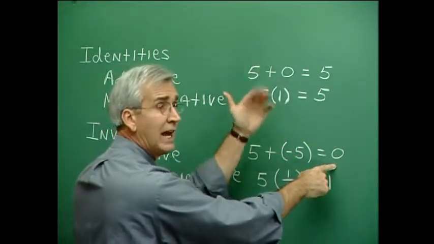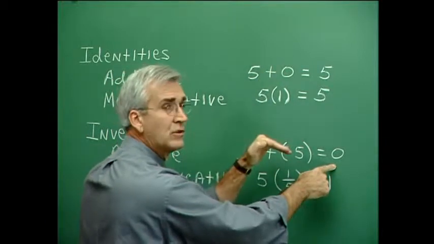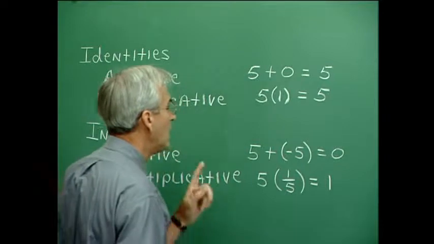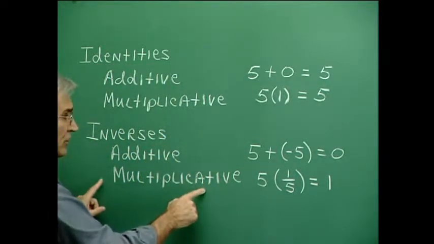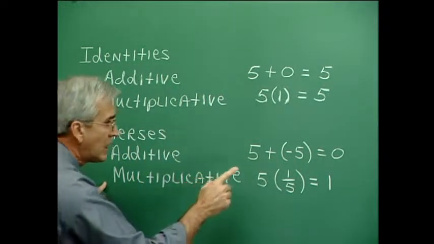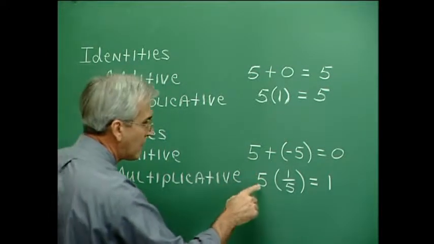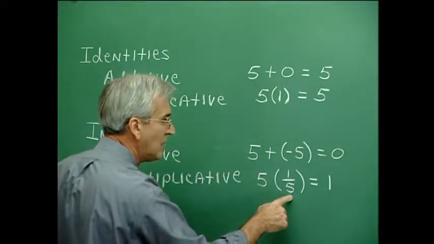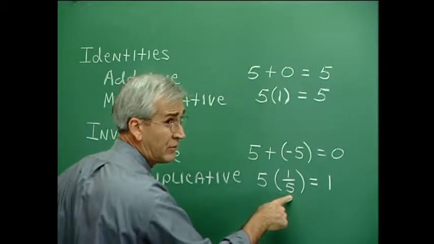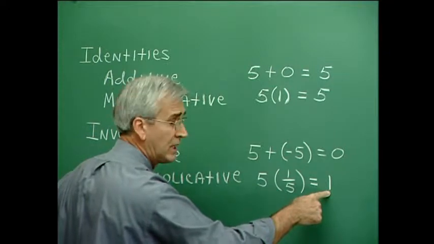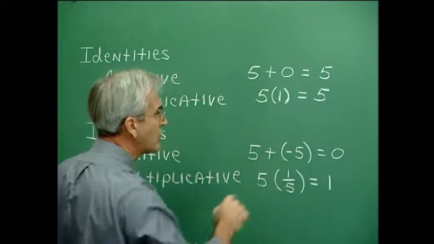We're going to use that kind of backwards relationship with matrices in just a moment, and that's why I'm bringing it up here. The multiplicative inverse is just a fancy way of saying reciprocal, because if we take a number and multiply by its multiplicative inverse, which is a reciprocal, then we get the multiplicative identity element. So that's this relationship.